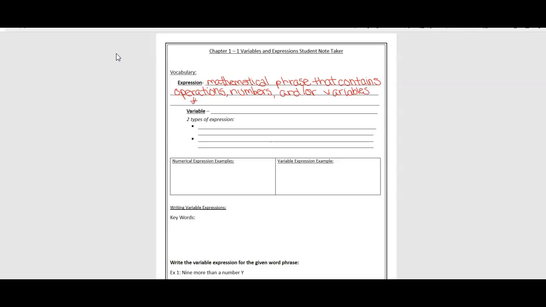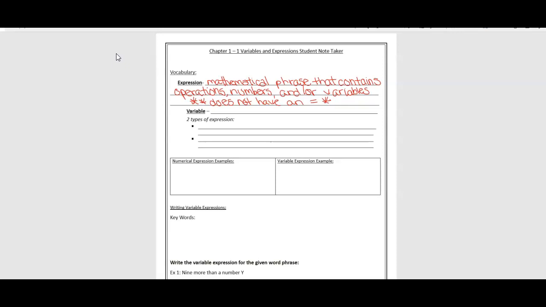In an expression, okay, so 2 stars here is very important, it does not have an equal sign. Okay, so if it has an equal sign, that is called an equation, not an expression.